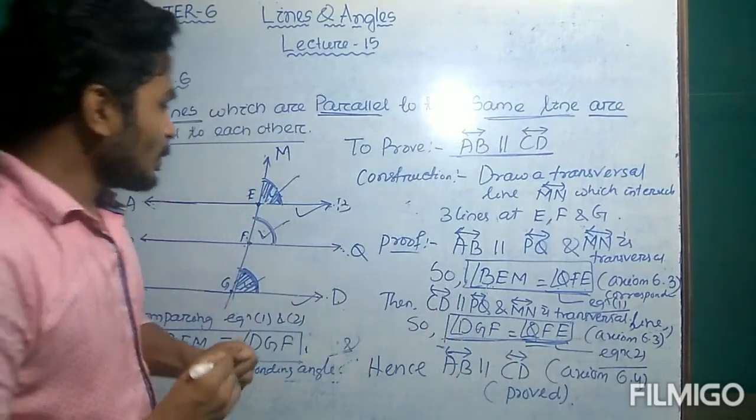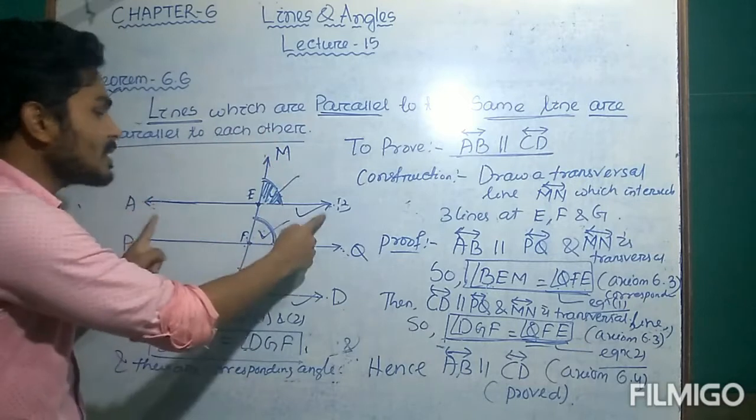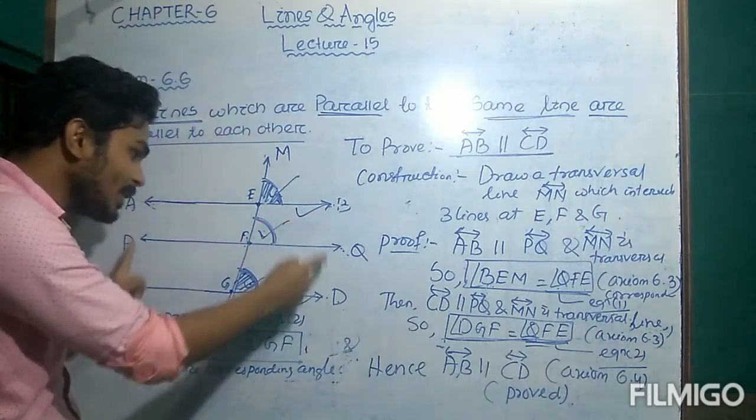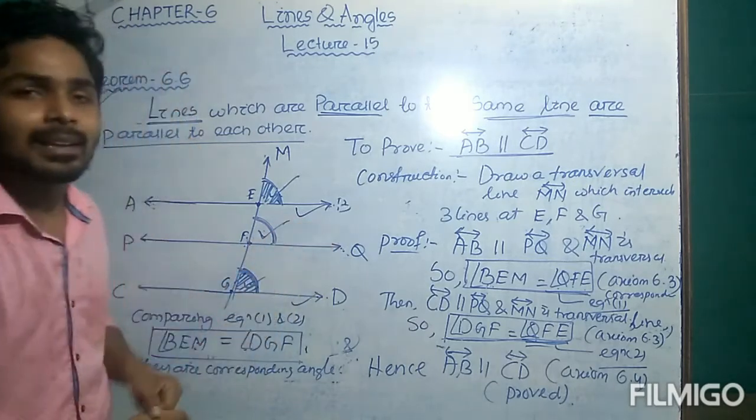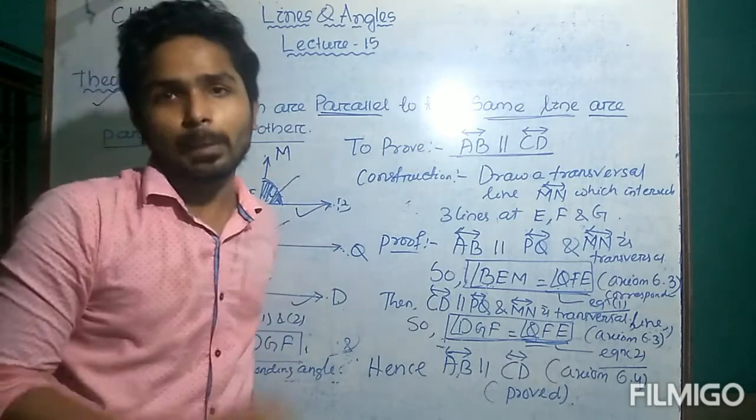Understood? So according to theorem 6.6, if any two lines are parallel to the same line, then these two lines are also parallel.